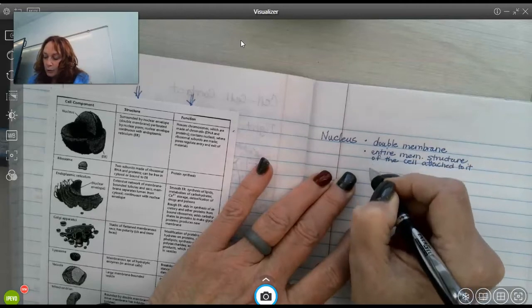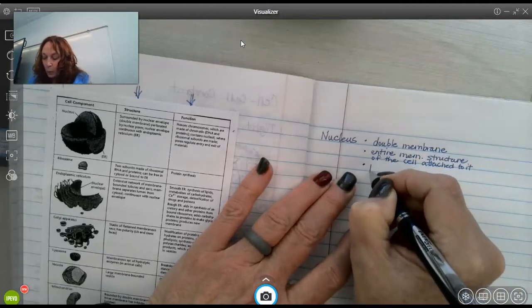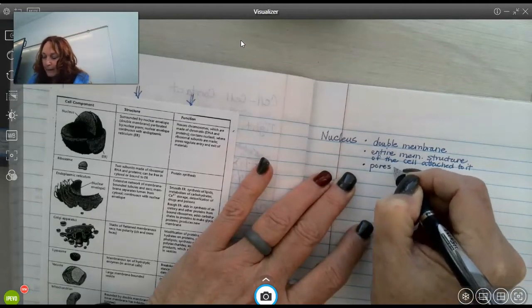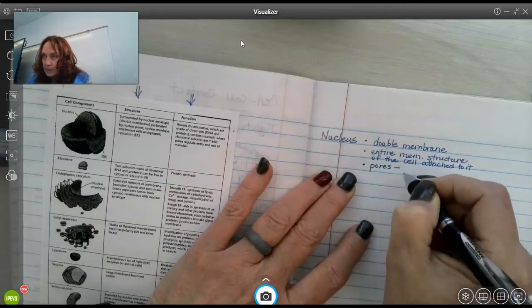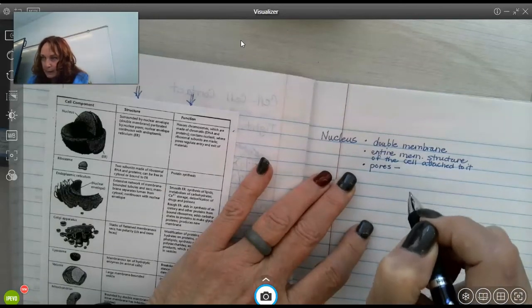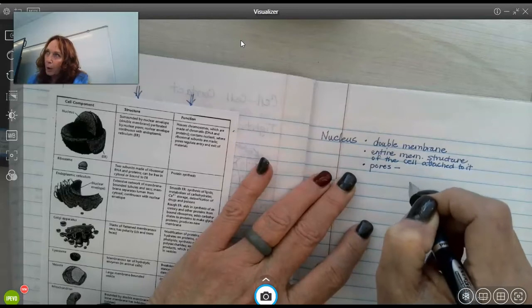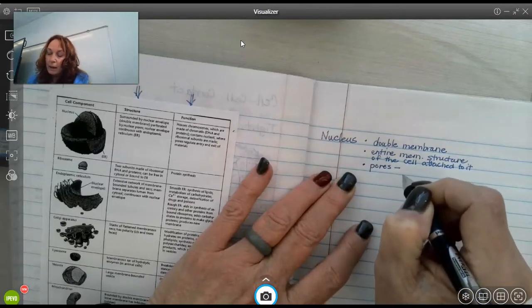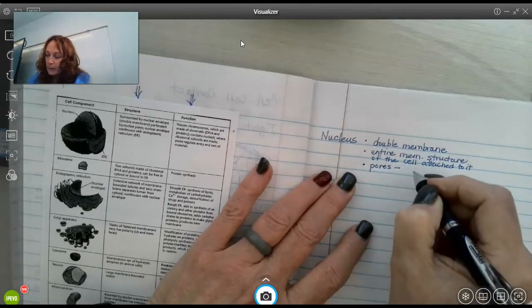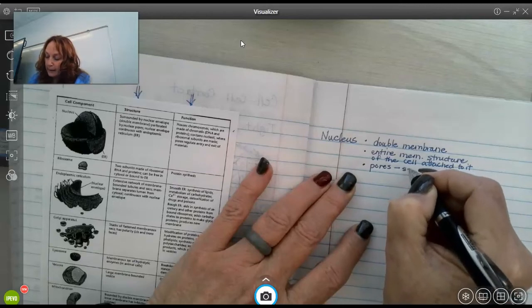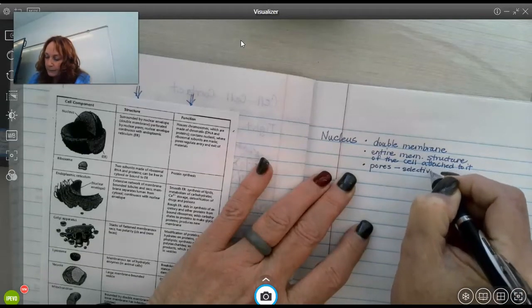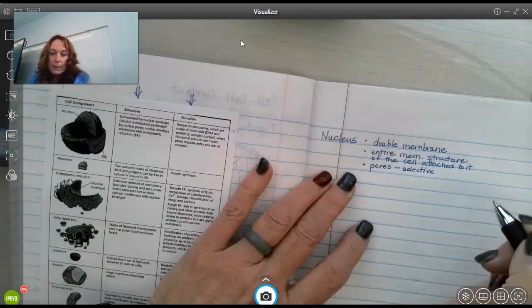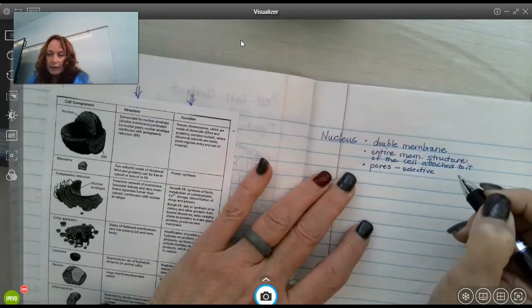The actual nucleus itself, it has pores, and they are specifically small. And by that I mean DNA can't go out of them. So they're going to be selective about what can come in or out. Like they're purposely the size they are.